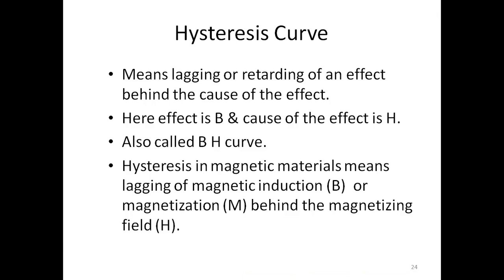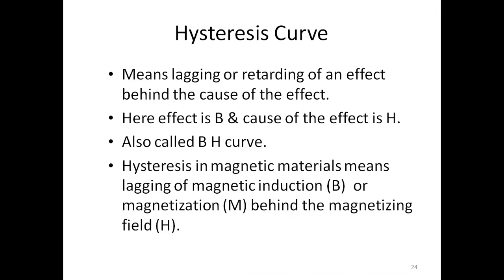So hysteresis in magnetic material means lagging of magnetic induction or magnetization behind the magnetizing field. You can just remember that the magnetic induction is behind the external magnetic field. Whenever you are talking about dia, para, and ferro, you are applying an external magnetic field.